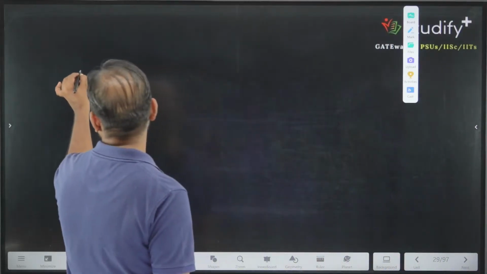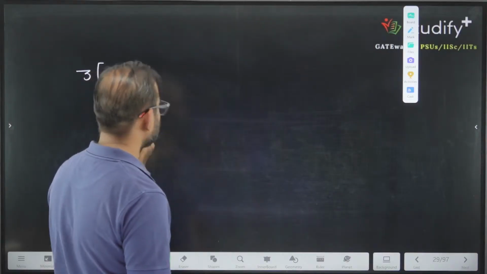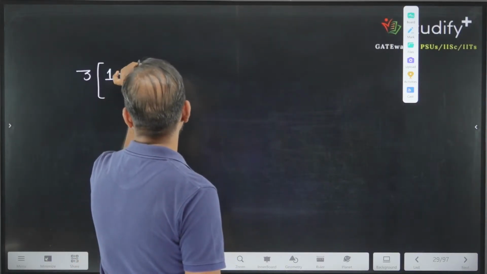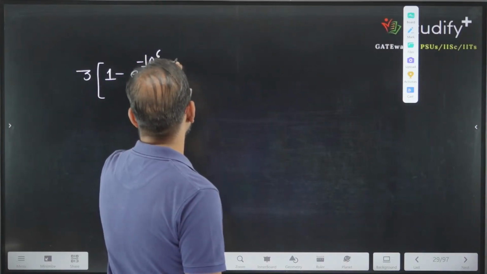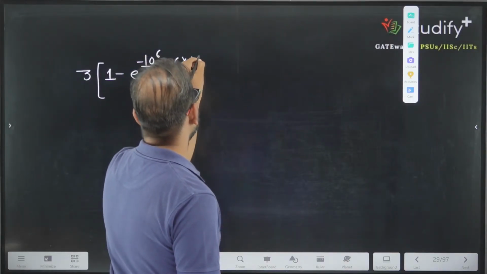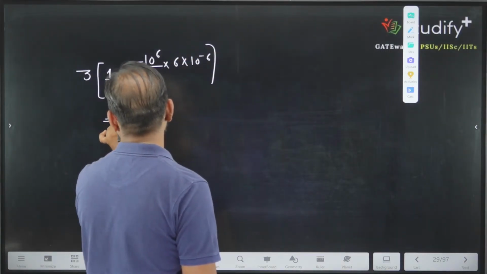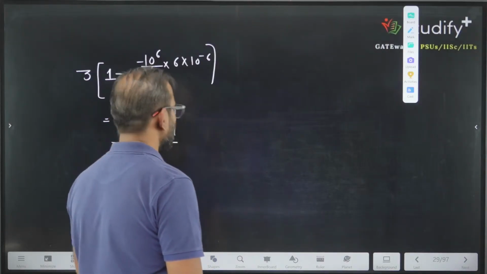The answer will be 3 into 1 minus e to the power minus 10 raised to the power 6 divided by 6 into 6 into 10 raised to the power minus 6. Okay, this value is equivalent to the time constant of this equation. 1 minus e to the power minus... What are they asking?